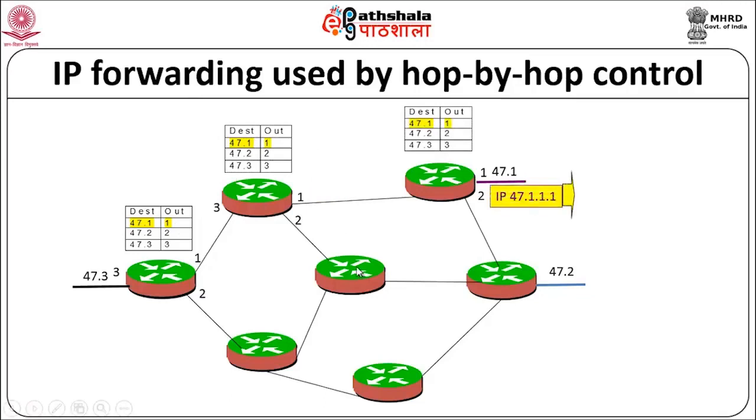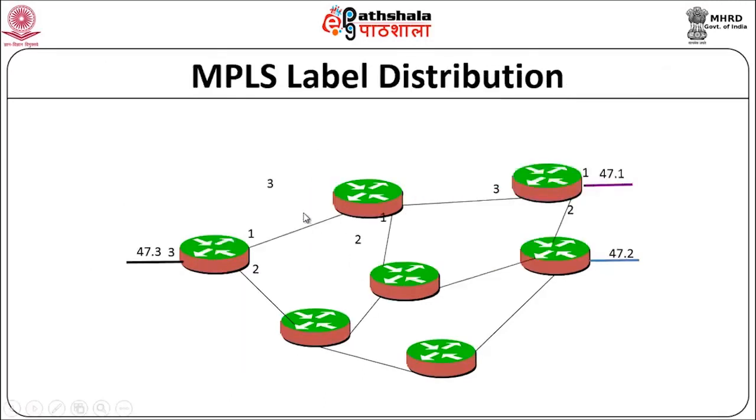So this is what normally happens. Now let's look at what will happen for label distribution to take place. Before the data can be transmitted, a request for sending packets meant for 47.1 is sent over here.